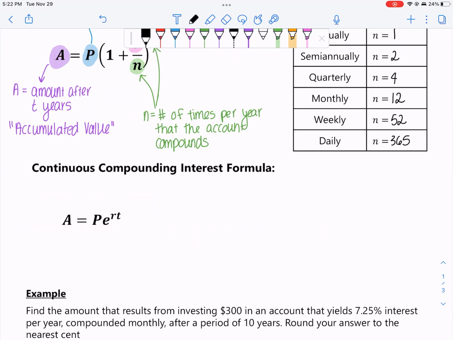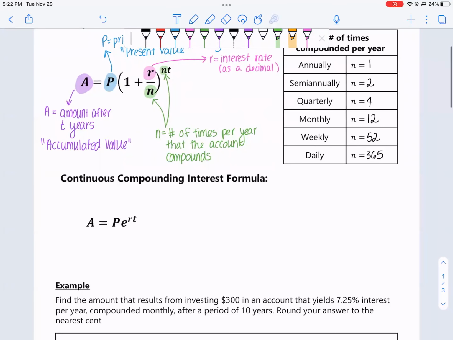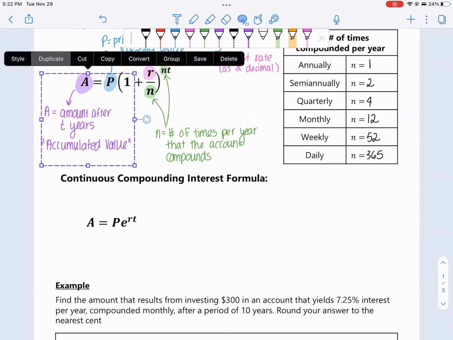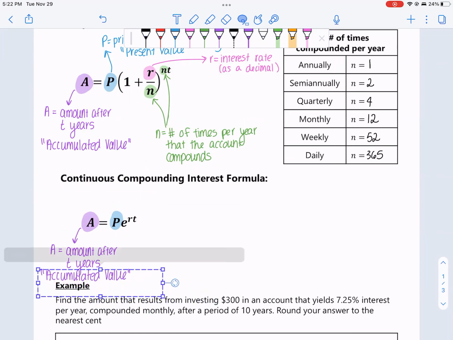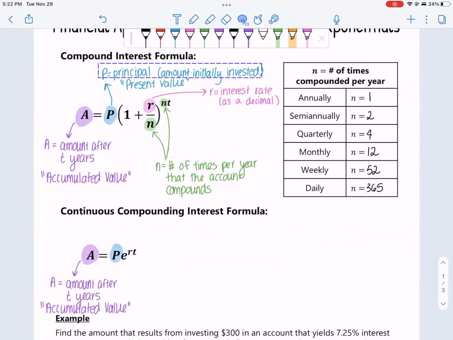All right, and it has a lot of the same things as we have up here. In fact, the only difference is that here there's no N value. Everything else is the same. So I can just highlight this stuff right here, bam, duplicate it, put that right here, and it is the same idea. Accumulated value. This is still the principal, spelled the correct way and not the incorrect way.